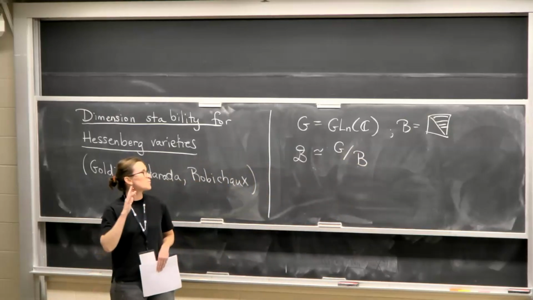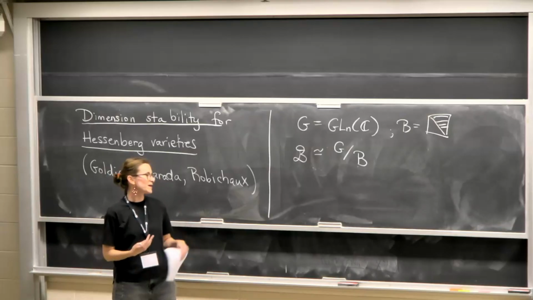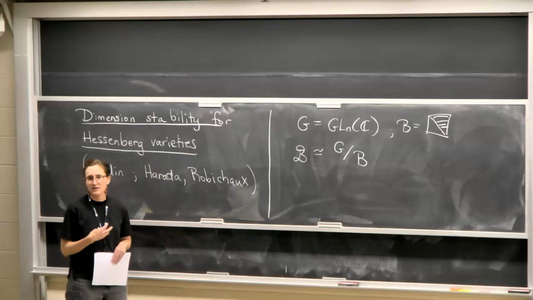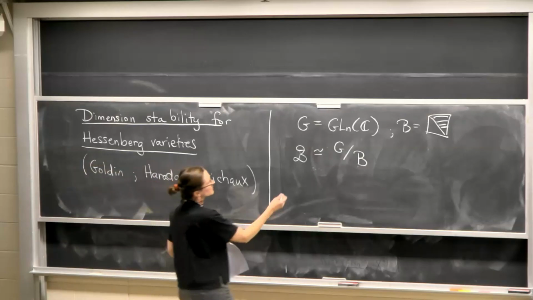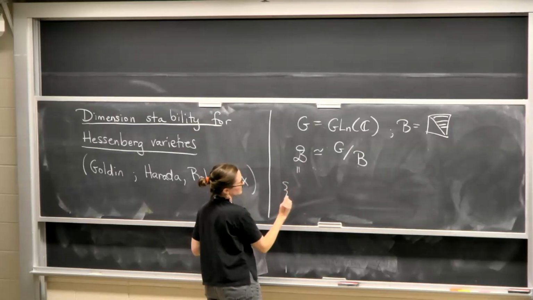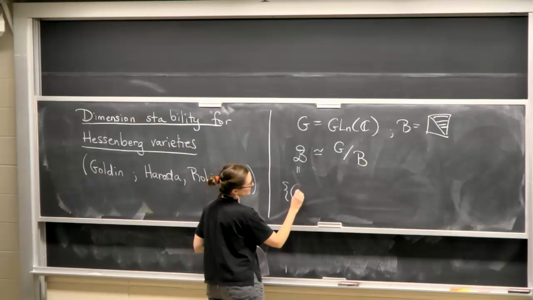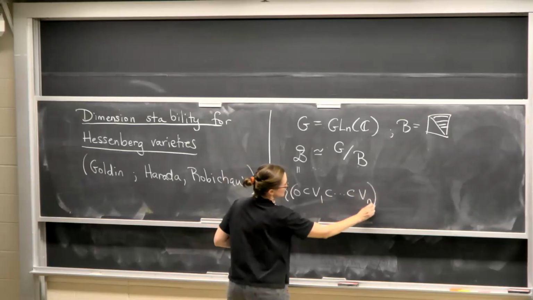And I actually like both the flag model and the coset model. So the definition of Hessenberg variety I'm going to give you is going to be for both. I'll give you one and then the other. So here, whenever I think about this thing, I'm thinking about sets of complete flags, 0, V1, up to Vn.